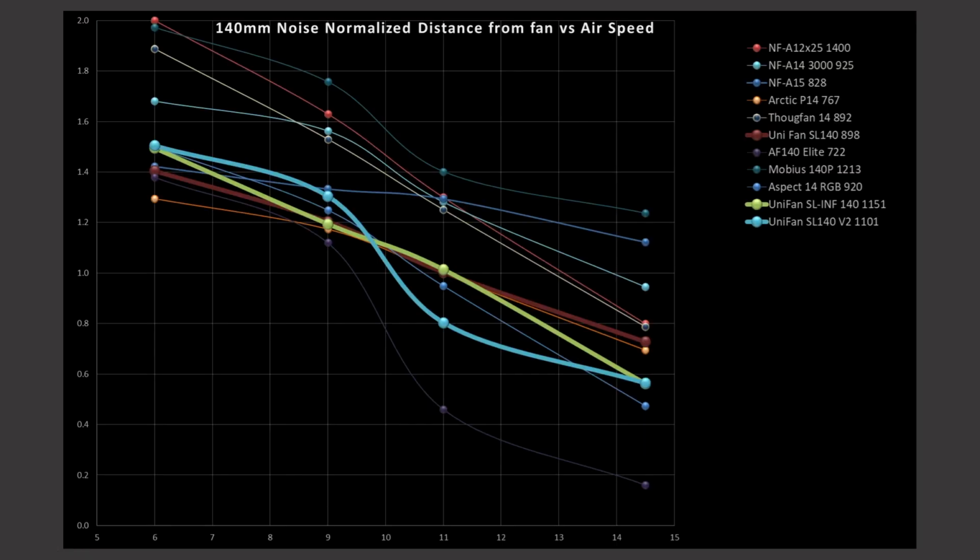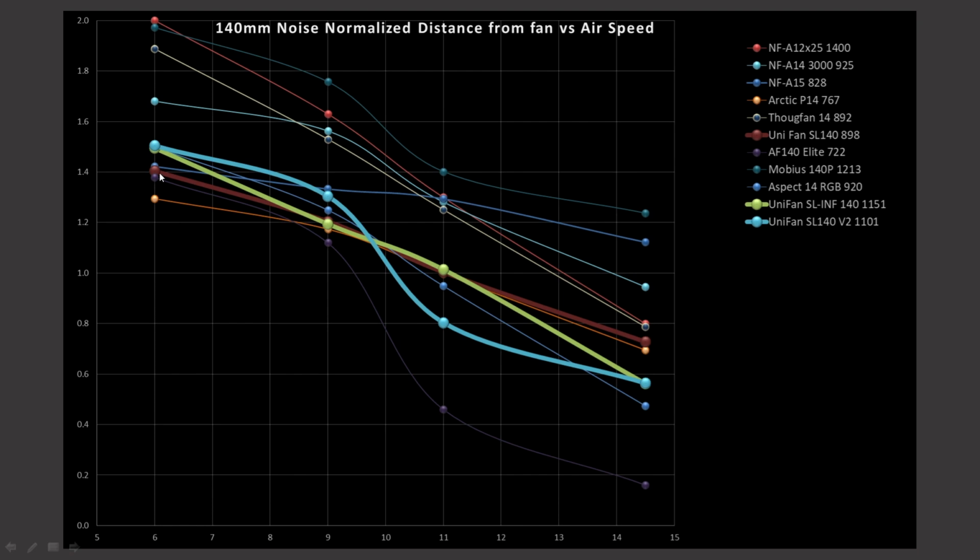How do they compare against other fans? Well, this is primarily 140mm class fans. However, there are a couple of 120mm in there, like the A12x25, which starts off as a very high performer and then quickly drops off compared to other fans around it, but it's still outperforming many other 140mm class fans.